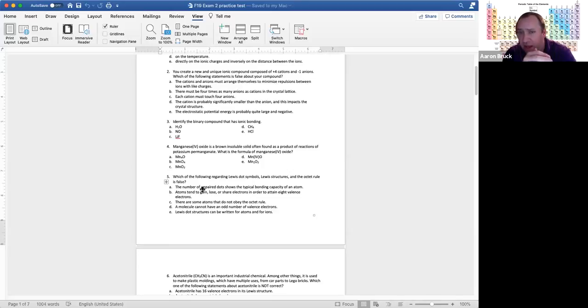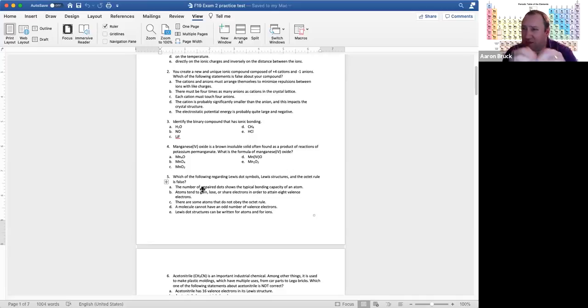And so to that end, lithium fluoride is going to be your correct answer, which is letter C. Hydrogen chloride does have some pretty good polarity to it, but the electronegativity difference between them is not nearly enough.